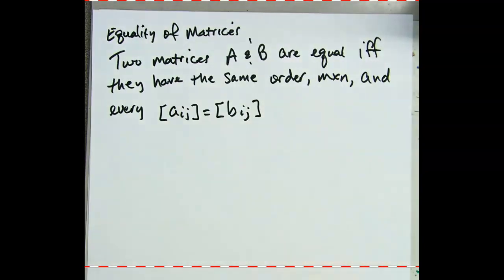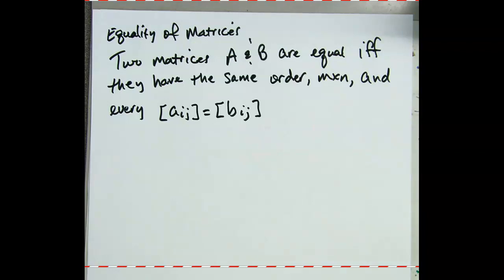So in other words, every element from matrix A from row 1, column 1 has to equal row 1, column 1 in matrix B. Row 2, column 2 in matrix A has to equal row 2, column 2 in matrix B. They all have to match up.